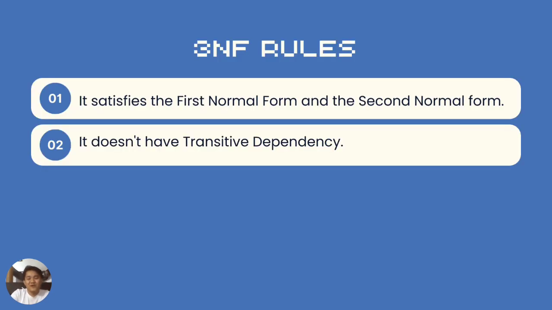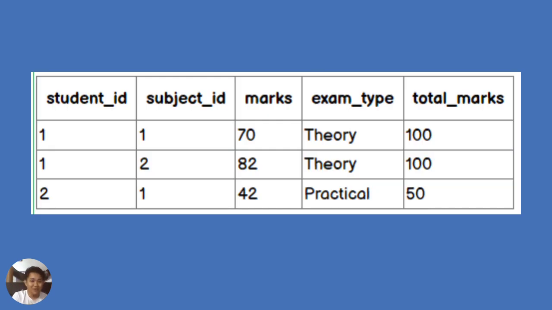So for the 3NF, we move on to the 3NF. There are only two rules again. It satisfies the first normal form and the second normal form. And the second rule would be it doesn't have transitive dependency. So what are transitive dependencies? It's very different from the one that I discussed earlier in the 2NF.